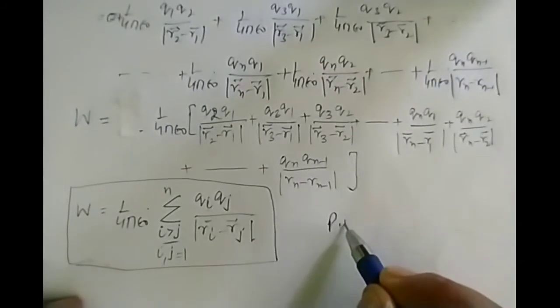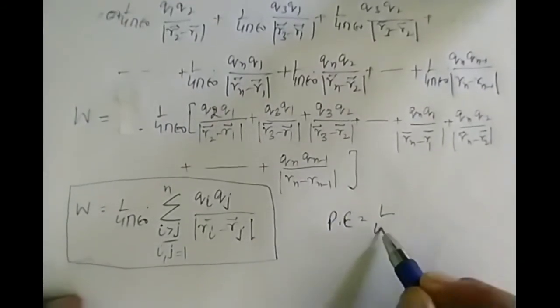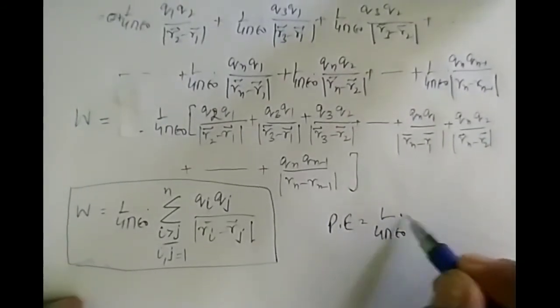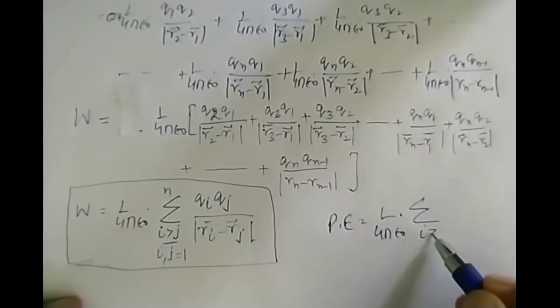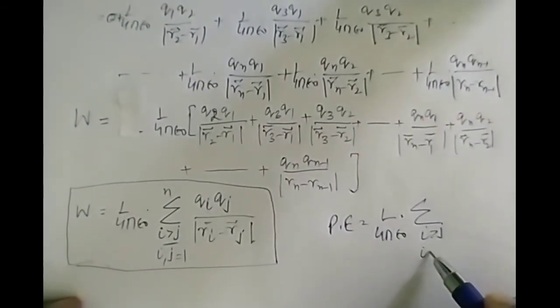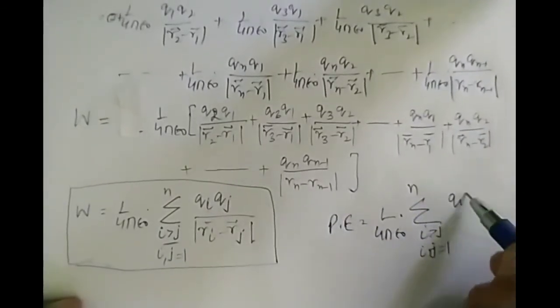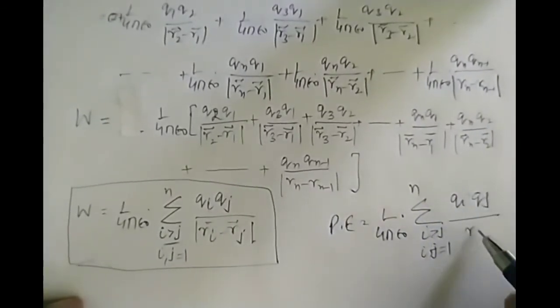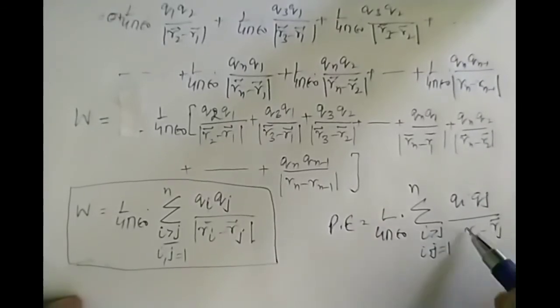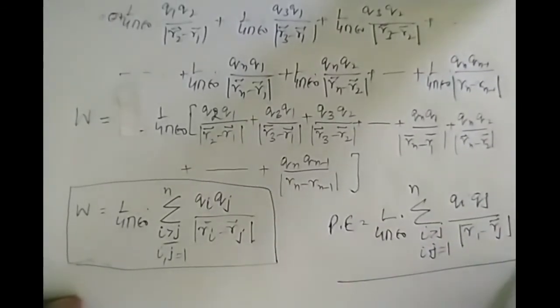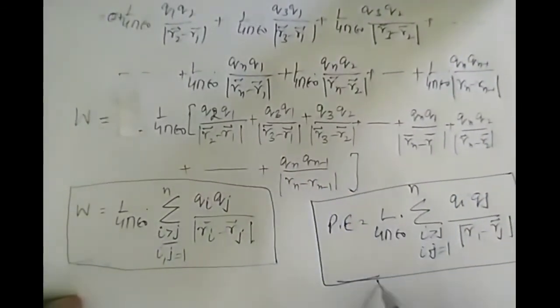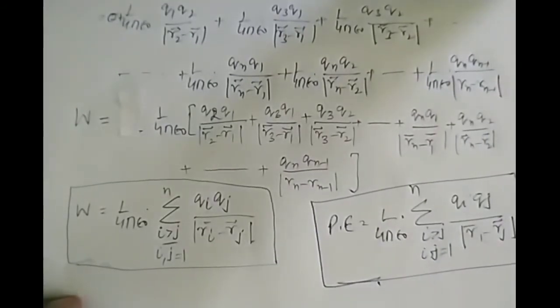Now our potential energy will be equal to 1 upon 4 pi epsilon naught, summation over i greater than j, where i and j change from 1 to n, Qi Qj upon |Ri minus Rj|. So this is your potential energy for n charge particles.